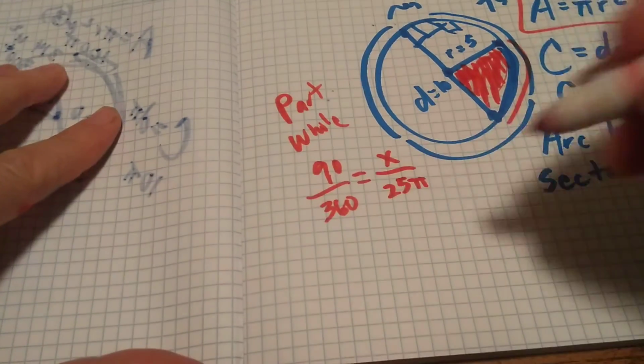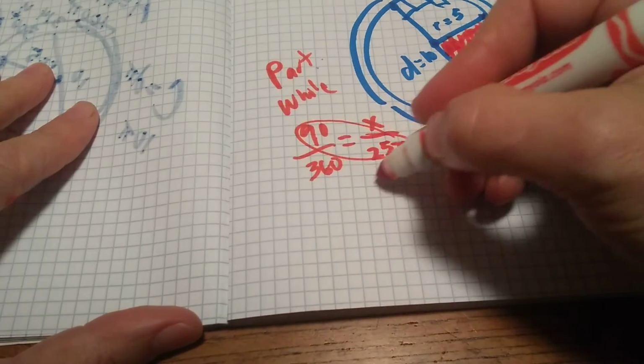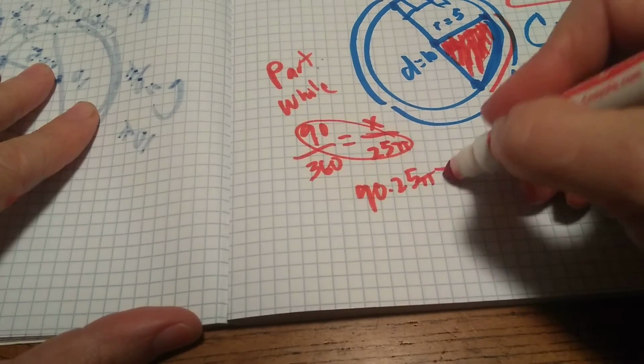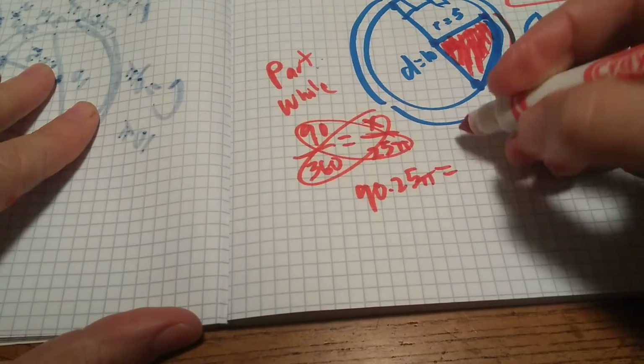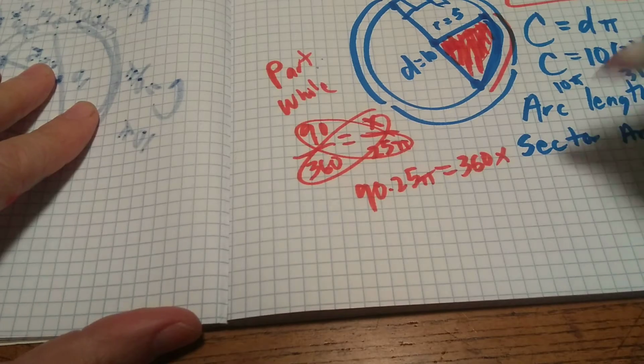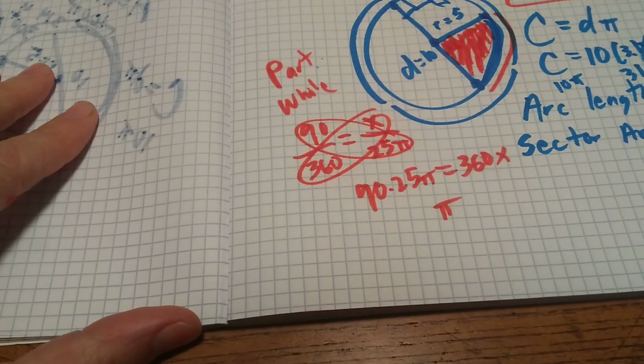All right, so I can cross multiply and solve here. So I'm going to multiply those two. So I got 90 times 25 pi. I've got x and 360. Now this is not the only way to do it. And then I'm going to leave this as pi. I'm going to figure out what 90 times 25 is on my calculator over here.